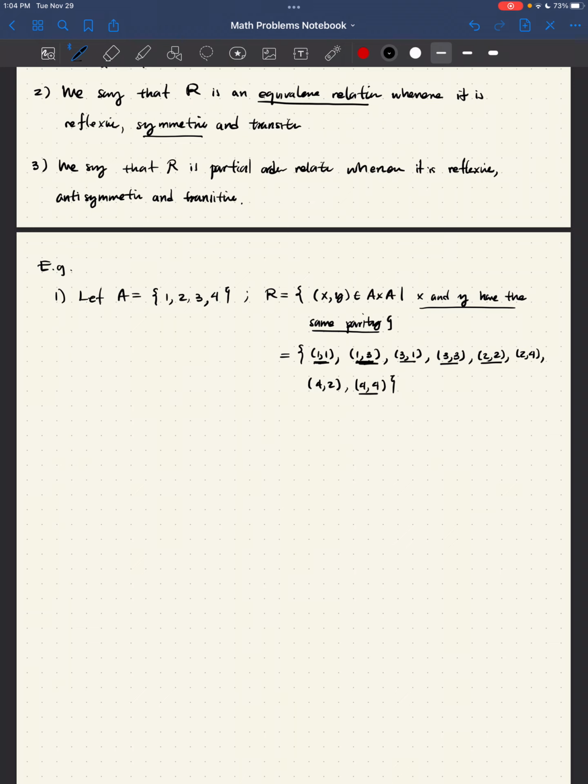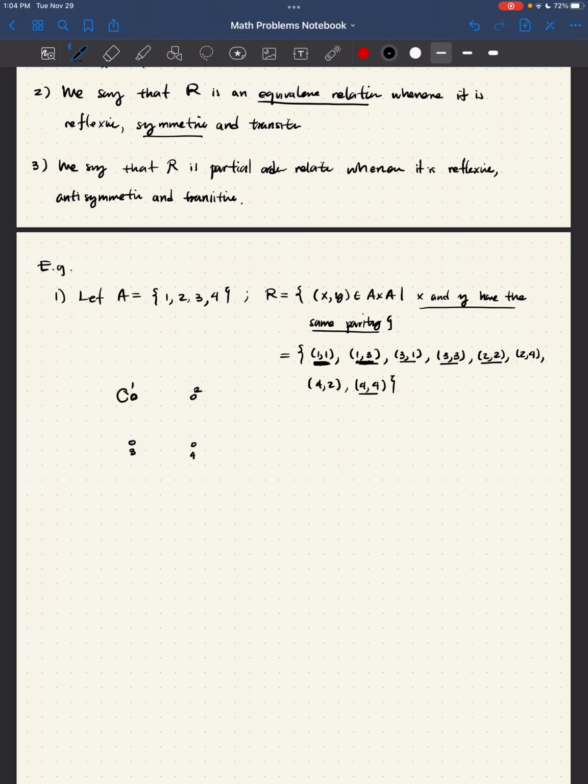Now, for this one, we may also introduce a graph representation, but this time I have to introduce loops and directed edges. So for instance, let's say that I group the members as 1, 2, 3, and 4. Whenever I see an element like this, I'm going to provide an edge going from the first to the second.